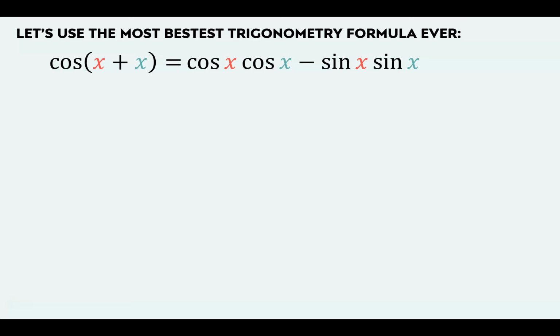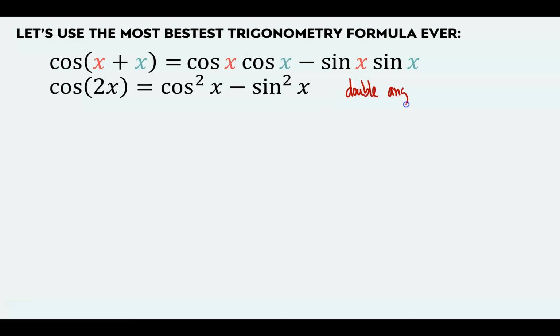If we put x and x in instead of alpha and beta, or pi thirds plus pi halves, something like that, we get the double angle formula for cosine. So that's thing one off the bat. We already have a formula that might be useful in a different context. Let's call this the double angle for cosine.